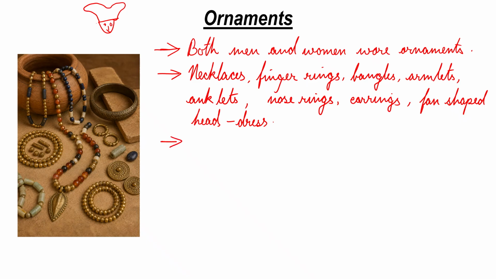And what were the ornaments made out of? They were made out of gold, silver, sometimes precious stones, and also ivory. So that was all about the ornaments of Harappan civilization.